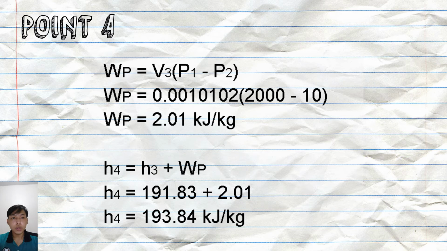Then, by substituting the values, we have approximate work of 2.01 kilojoules per kilogram. Then, since meron na tayong value for our pump work and H3, we can solve for H4. By substituting the values, we will have H4 with the value of 193.84 kilojoules per kilogram.